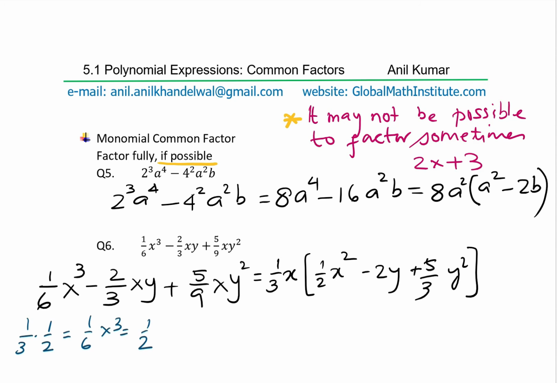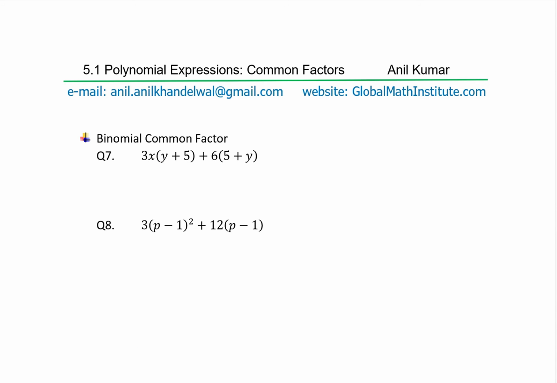Now let's move forward and take another example. Example number 7, binomial common factor. Question number 7 is 3x times y plus 5 plus 6 times 5 plus y. So what we will do here is, nothing seems to be common in the brackets, but there is 3x and 6. Yes, 3 is common.